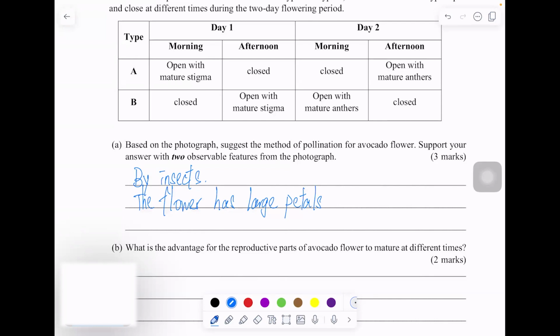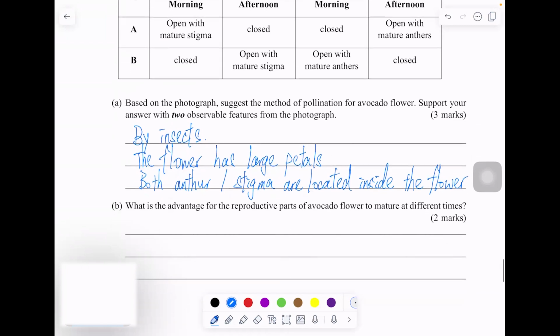And apart from that, both anther and also the stigma, in fact, are located in the inside part, the middle of the flowers. So in this case, it is not hanging out, or outside the flowers.